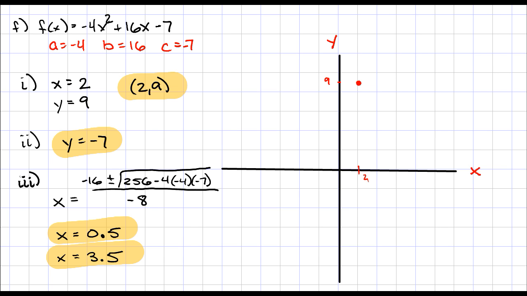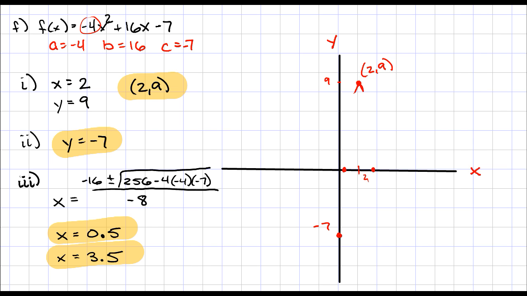We can see from A that this parabola opens down. Our y-intercept is at negative 7, which is way down here. And let me label the vertex there while I'm thinking about it. And then my x-intercepts are at 0.5 and 3.5.